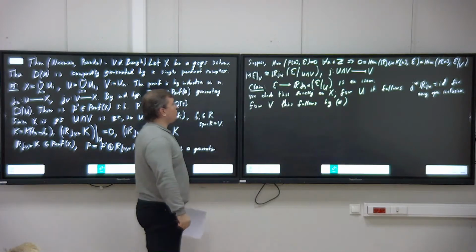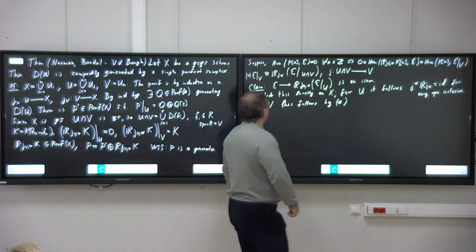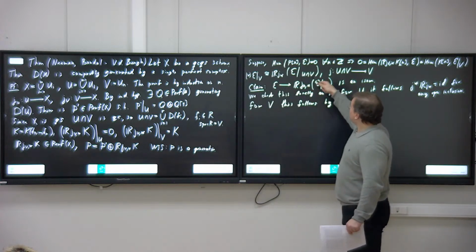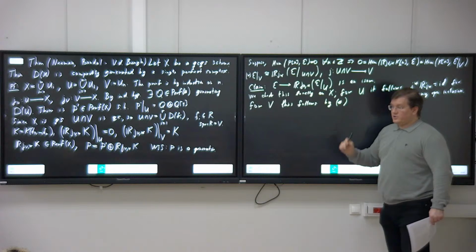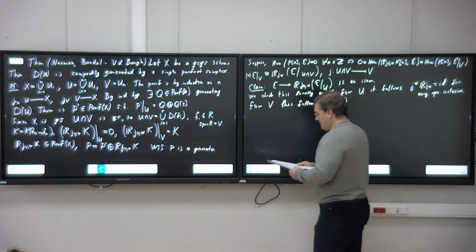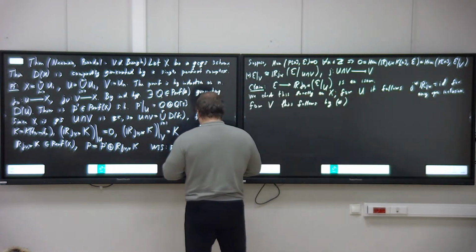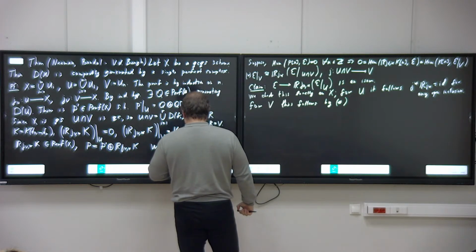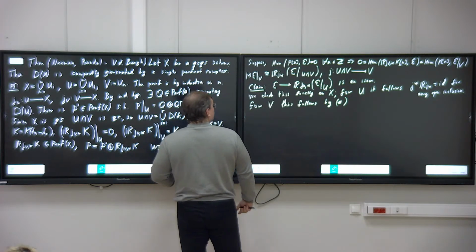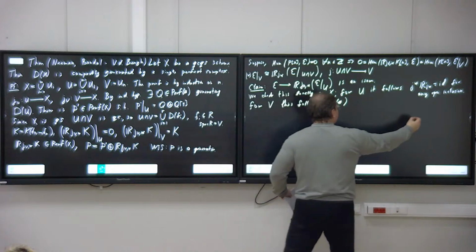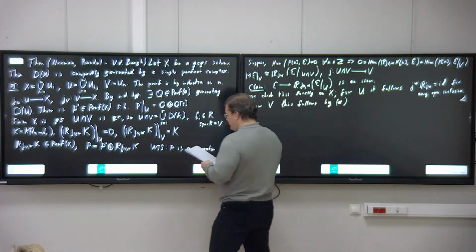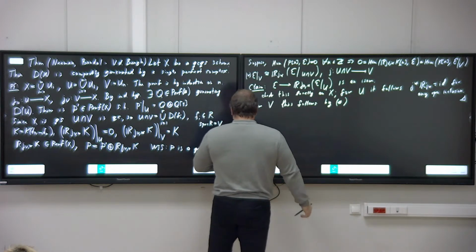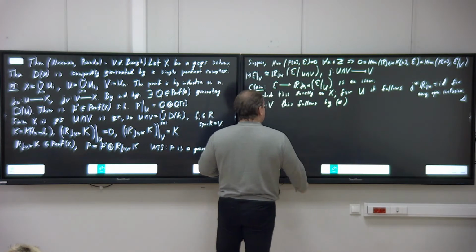You just need to check that if you restrict the right hand side to V, you get this thing, but this is a simple base change. Okay, so the claim is now proved. So we have this canonical map, which is an isomorphism. And now the rest is easy.